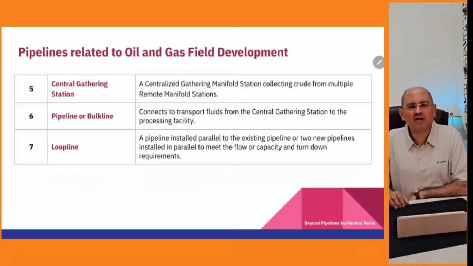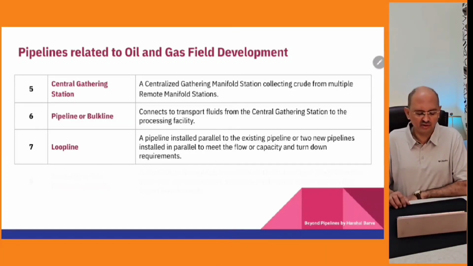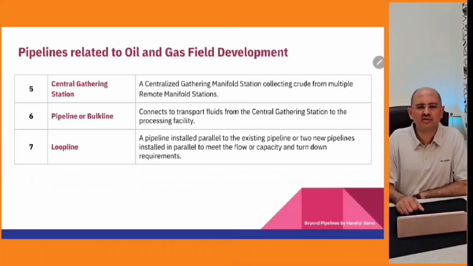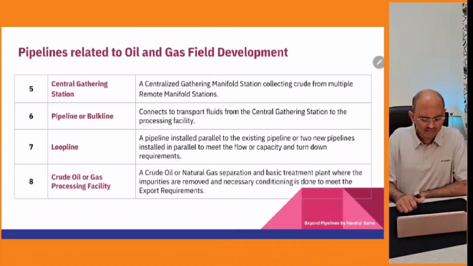It's nothing but a bulk pipeline carrying multiple fluids but divided into two parts to divide the capex investment and also to take care of the flow rate fluctuations. Also, if any turndown is required, then it helps. So the loop line is a very important concept used in many oil and gas exploration cases.